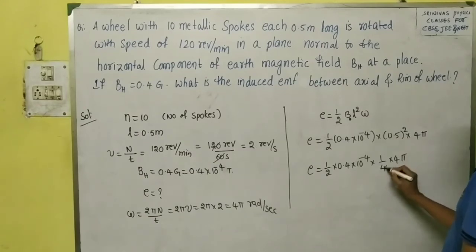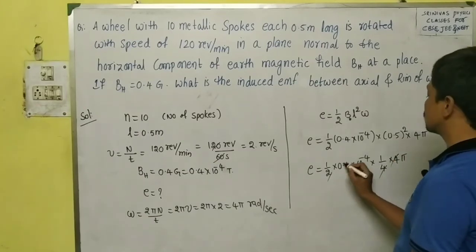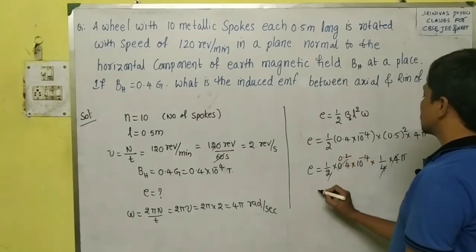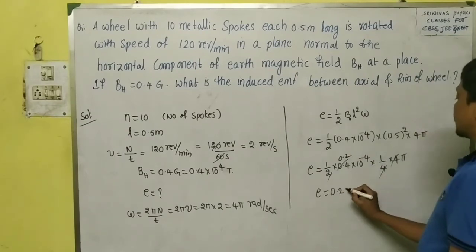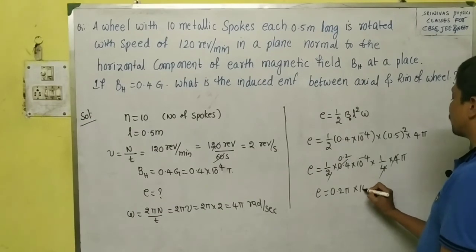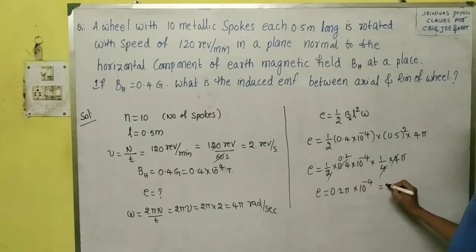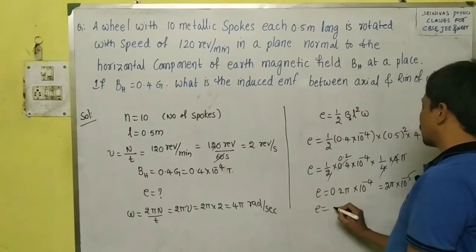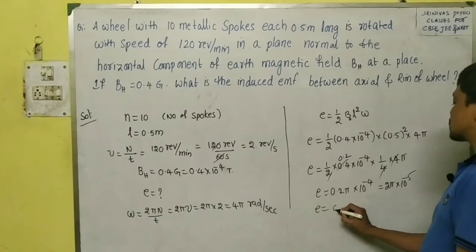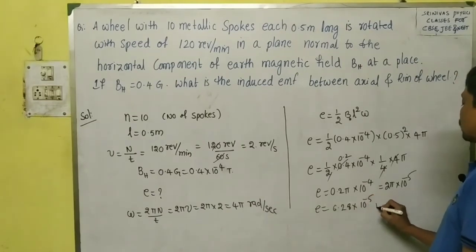The 4 gets cancelled, and we get 0.2 pi into 10 to the power of minus 4. We can also write this as 2 pi into 10 to the power of minus 5, where pi is 3.14. So 2 into 3.14 is 6.28 into 10 to the power of minus 5 volt.